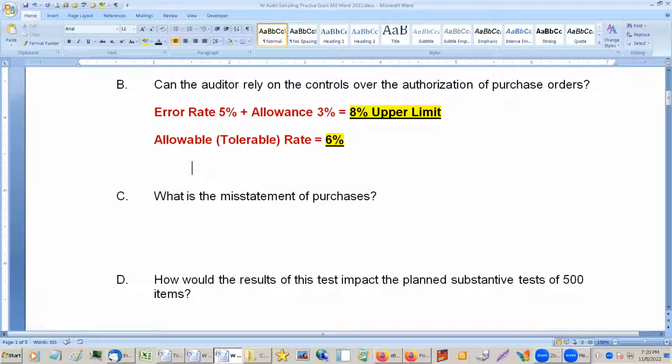This is the very most you can allow for. So if the upper limit is higher, you can't take it. Now, if this upper limit was 4, it'd be fine. Yeah, you can rely on it. So no, the control cannot be relied upon.